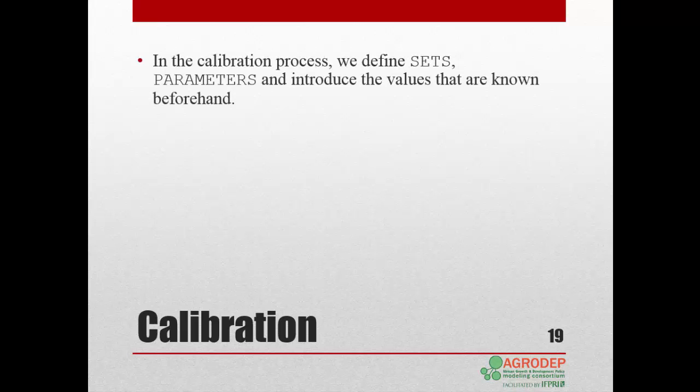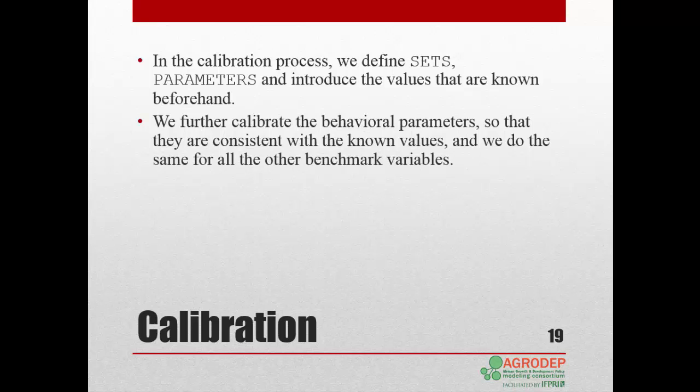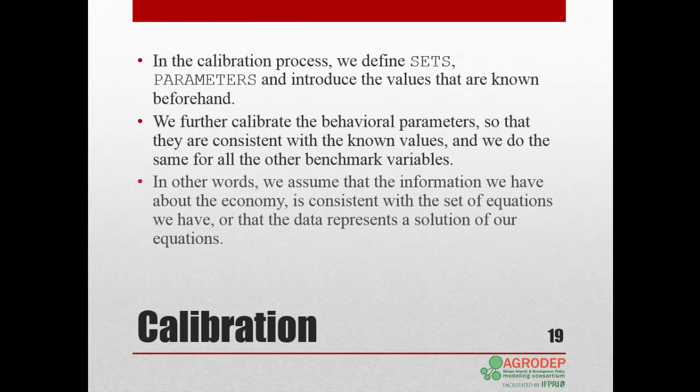In the calibration process, we define sets, parameters, and introduce the data. We also calibrate or derive the behavioral parameters and other benchmark variables, combining known data and the algebraic relationships defined by the system of equations.